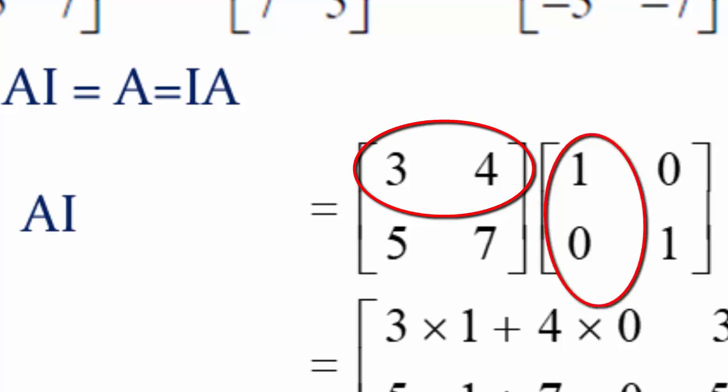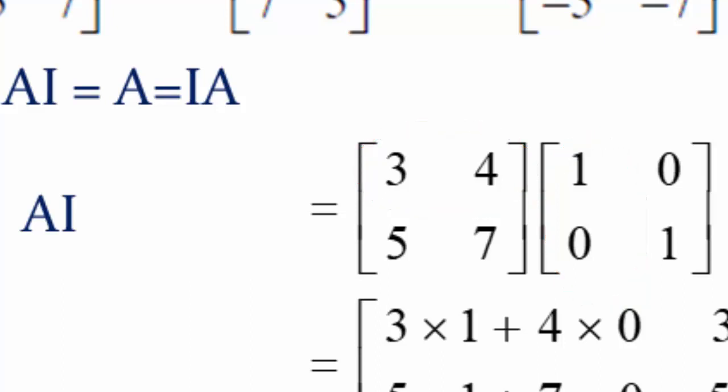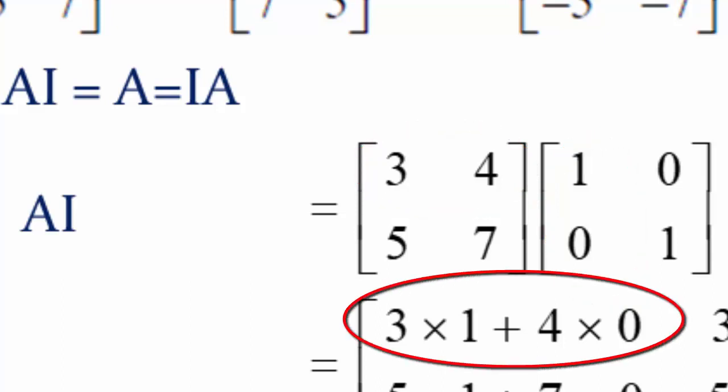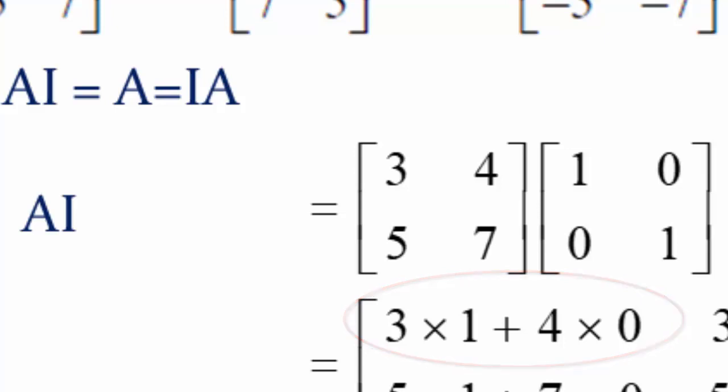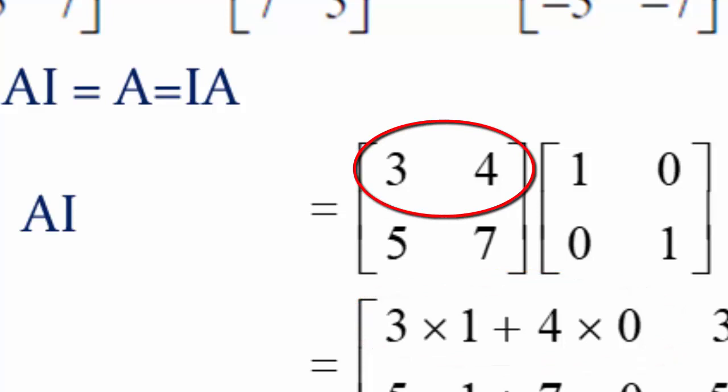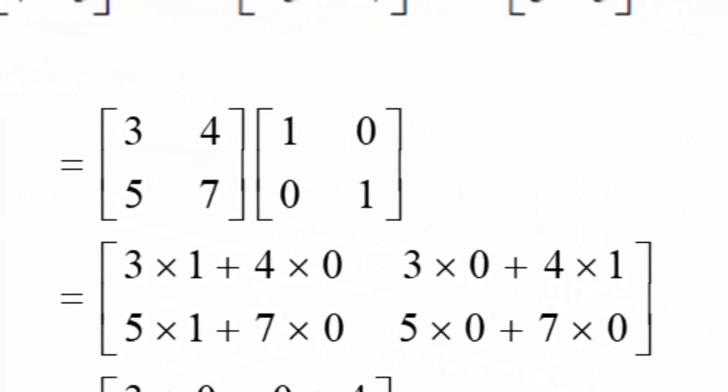So, we get the answer as 3 into 1 plus 4 into 0. That is, we multiply the corresponding elements and then add them up. The same thing with the first row of the first matrix into the second column of the second matrix. We multiply the corresponding elements and add them up. So, we get 3 into 0 plus 4 into 1. This is over with the first row of the first matrix.